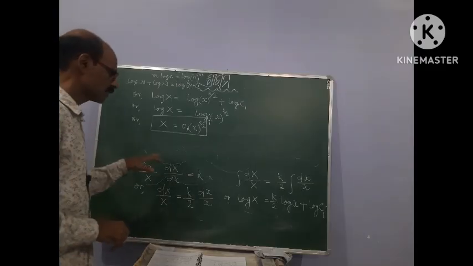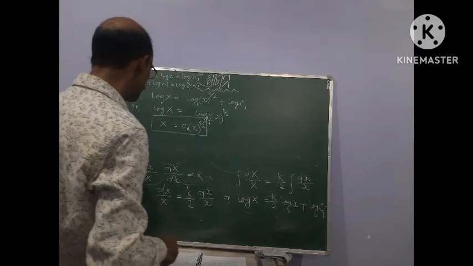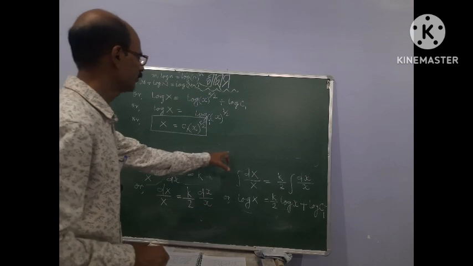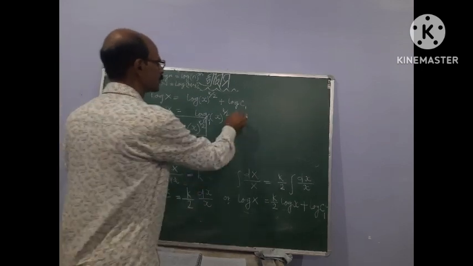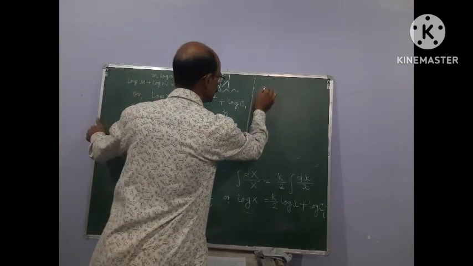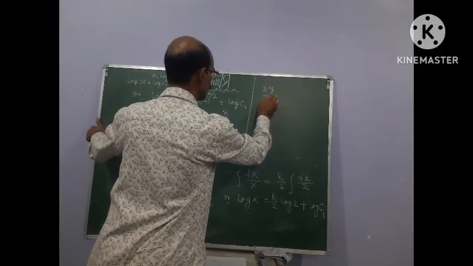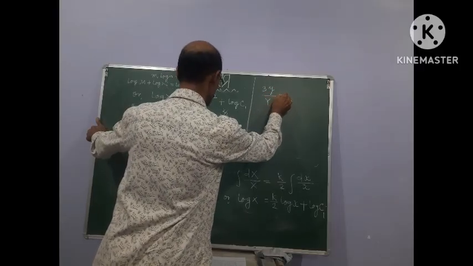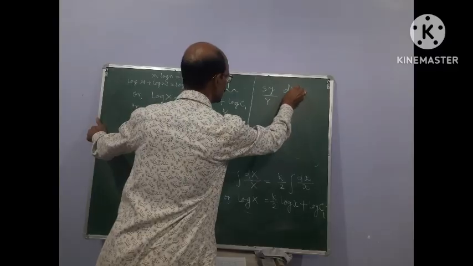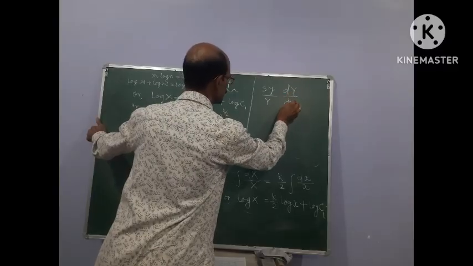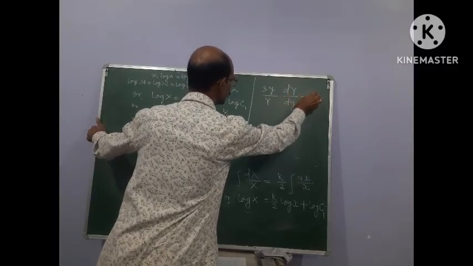Similarly, from another equation that we have equated, we had equated 3 dY/Y, into dy by small y, is equal to k.